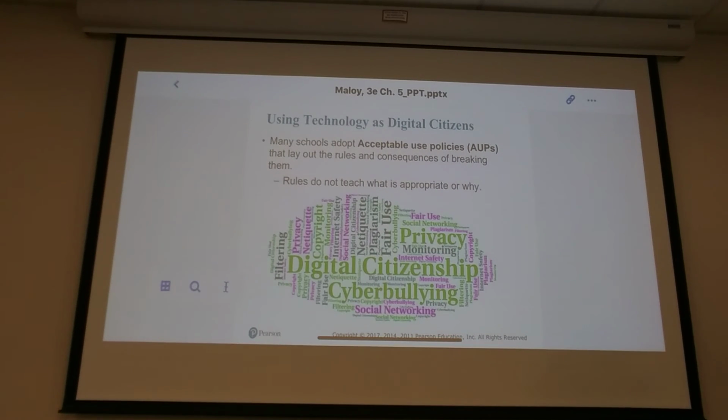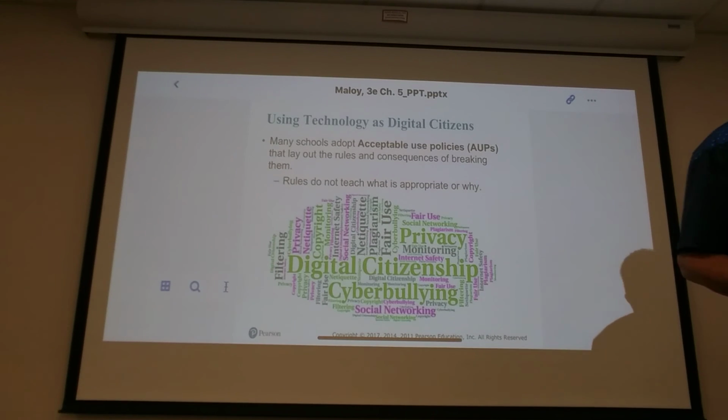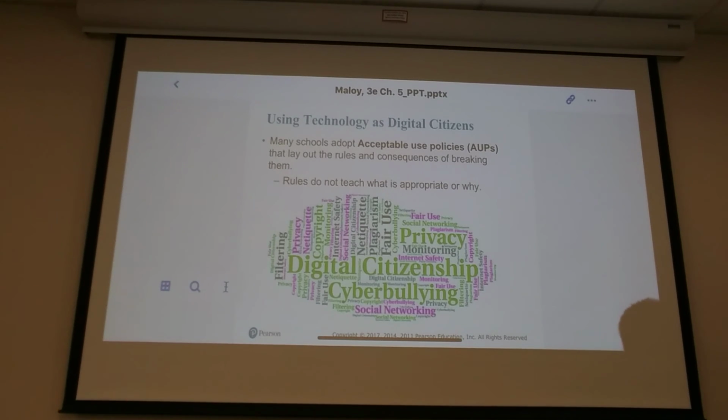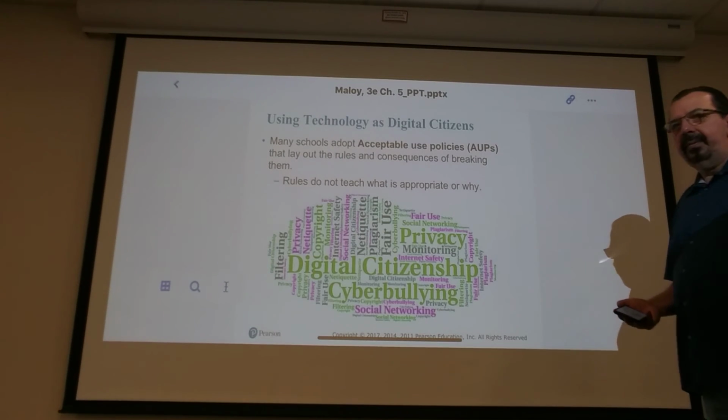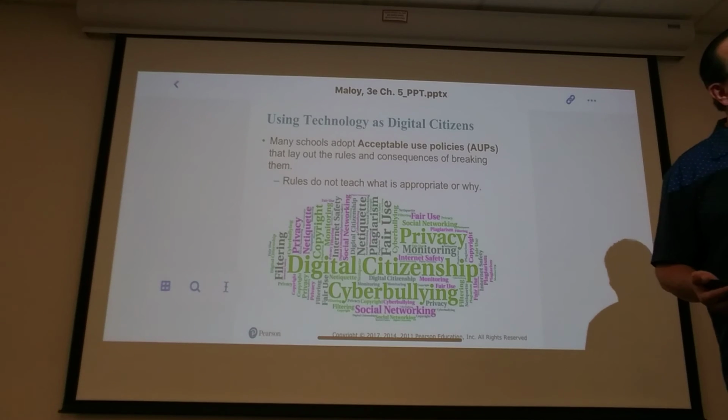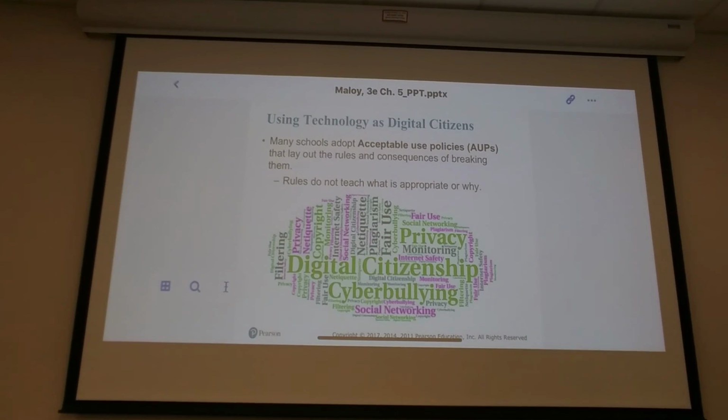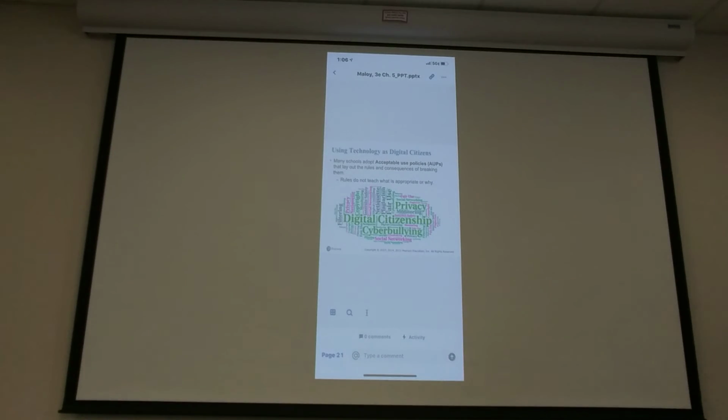AUPs. How many of you at the beginning of your school year, the school gave you a whole packet of papers and said, here, take these home, have your parents or guardians sign them? You know what I'm talking about. Those are called acceptable use policies. And there's a lot of them out there, particularly in relation to the internet now and online etiquette, sexting, texting, cyberbullying, the whole thing.